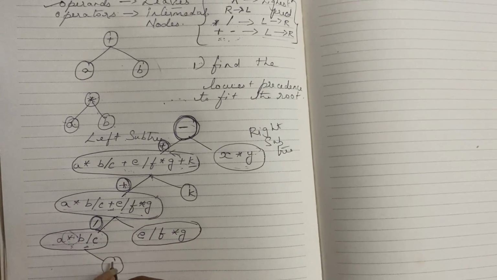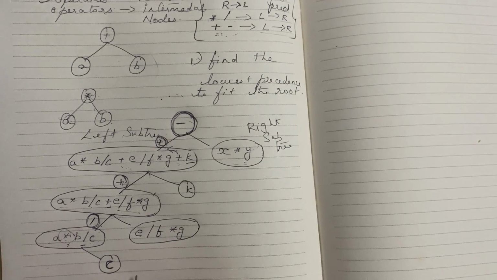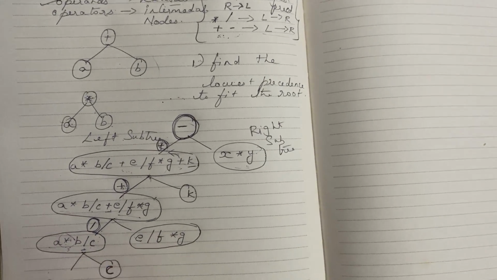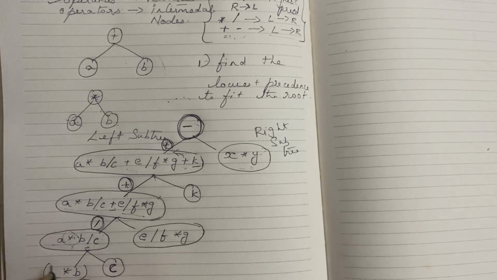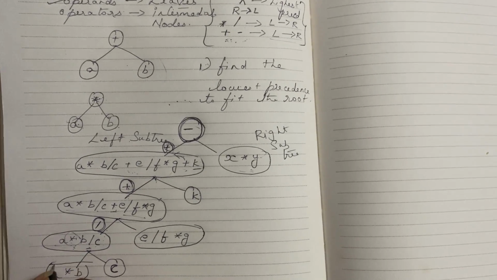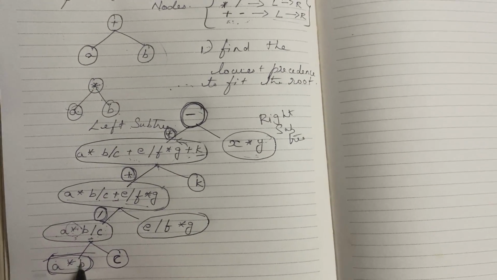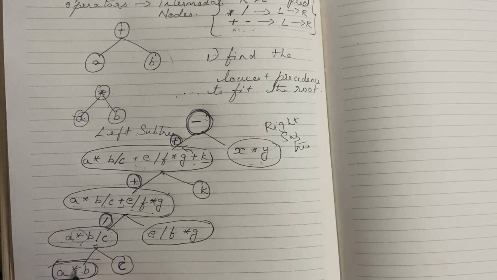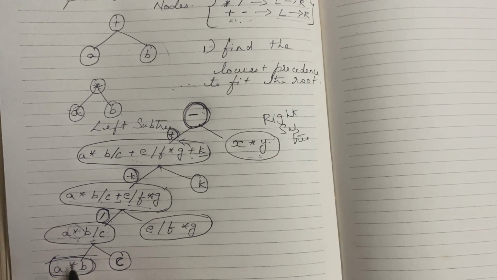So after division you have only C. C has ended as an operand. So after this you cannot extend. Before this you have A into B. Okay. Now we have only one operator. We cannot choose any other operators.